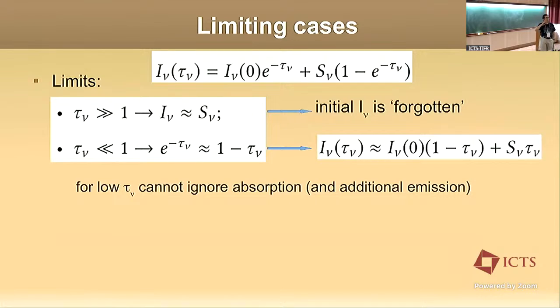Low tau does not mean, okay, forget about any effects from matter. That's not true. Matter still changes, it just doesn't change too much. So you still have mostly the initial radiation, but there is also a little bit of effect from the optical depth. So that's what happens if you are in a cloud, right? You still see the sun, but you don't see the full sun. There is still some effect on the sun.